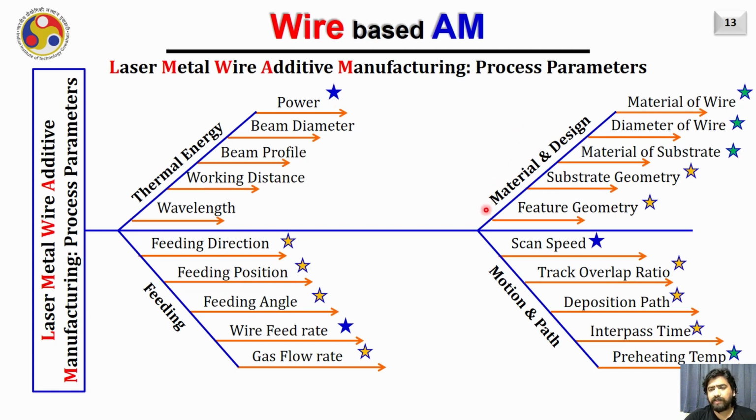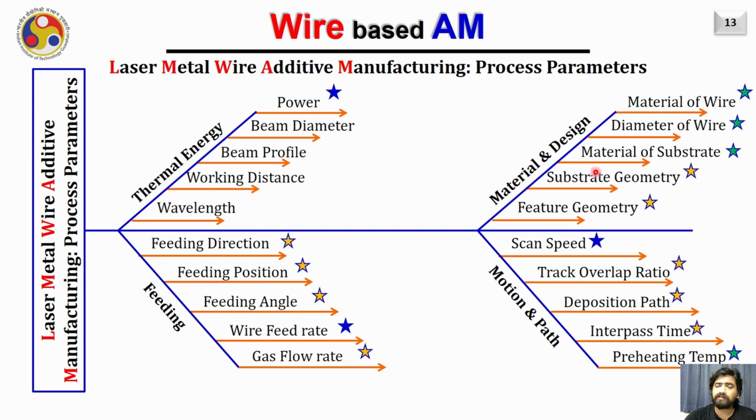On the other side, in the material design, the parameters involved are the material of the wire, the diameter of the wire, the material of the substrate, substrate geometry, and the feature geometry. Here one can notice that the material of the wire and the material of the substrate can also be different. They need not be the same.